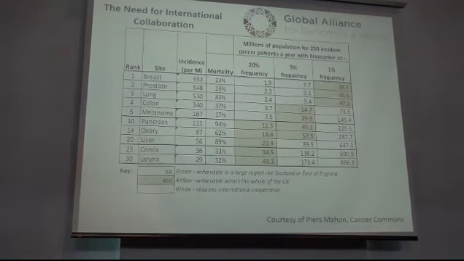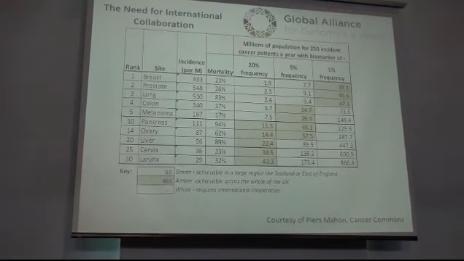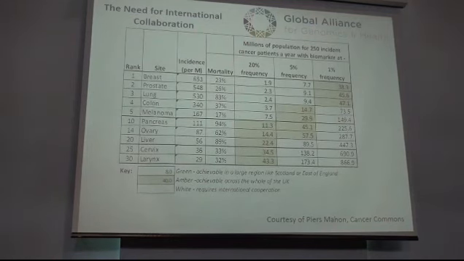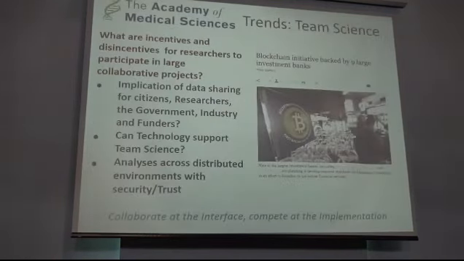Because if a relative of mine has ovarian cancer, I want her to have the best treatment, and we'll only know that if we can compare across similar patients on a global scale. So that's why we're collaborating, as we understand the molecular etiology of disease.